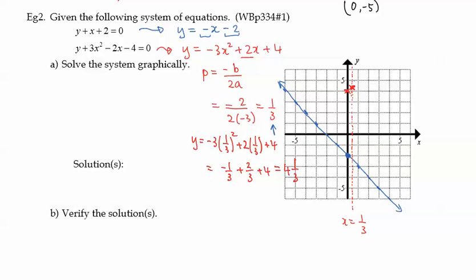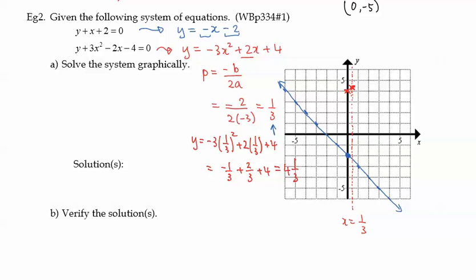That gives us a point that is a little bit above y equals 4. That will be the vertex of your parabola. Once again, we expect more points than this.